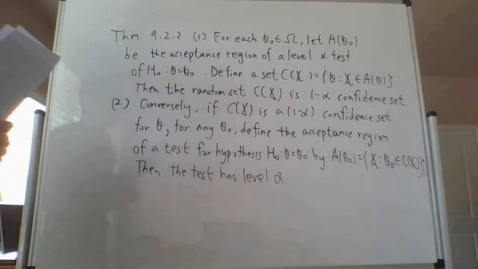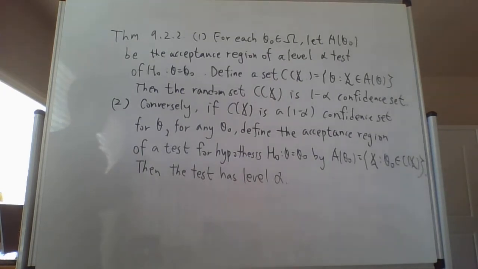If we define a 1 minus alpha confidence set, and then for any theta 0 we define the acceptance region of the test for hypothesis H0: theta equal to theta 0 by A(theta 0), then the test has level alpha.